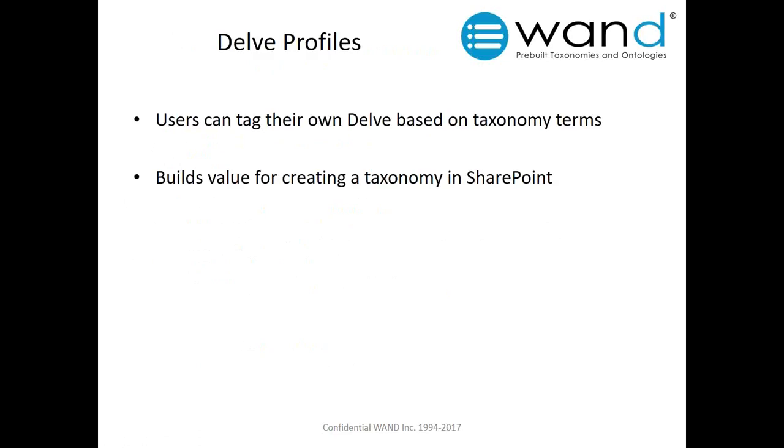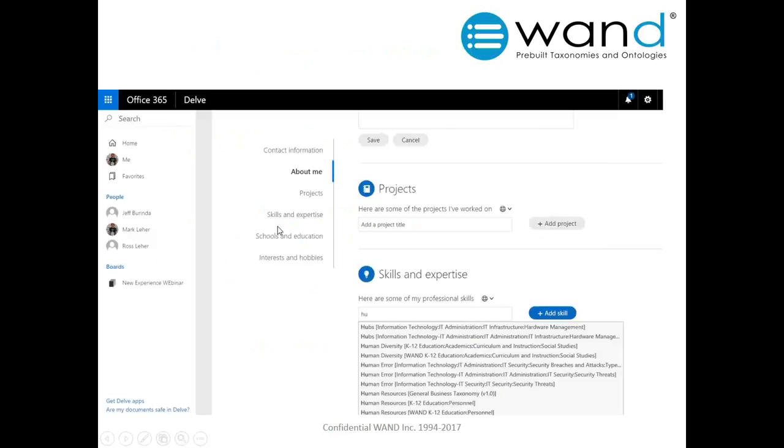So for example, if I'm working on a team with 5 people and we all report to the same manager, and I give a presentation in a meeting with my manager, that presentation may be surfaced to my other team members as something they may be interested in. Now users can actually tag their own Delve profiles based on taxonomy terms. This is a great way, a good incentive, to create taxonomy in SharePoint to make sure that people are tagging themselves with consistent concepts. And that's the goal of taxonomy.